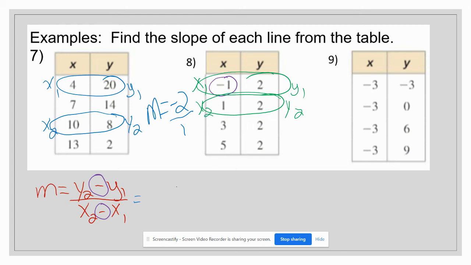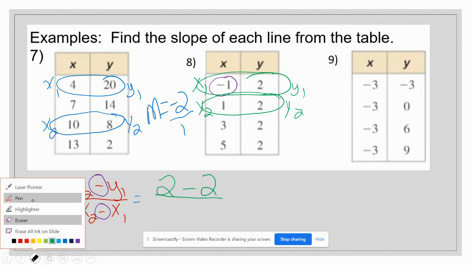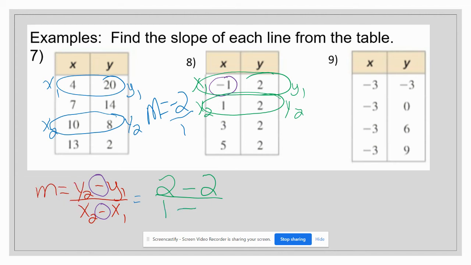And plugging it into our equation, we have y2 minus y1 over x2, which is 1, minus, okay, this minus comes from that right there, and then x1 is negative 1. We have to have both of those there. Remember, minus negative, add the opposite, becomes positive.